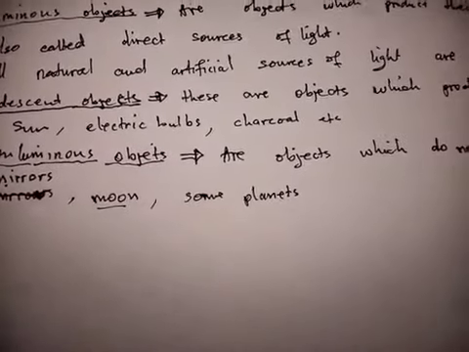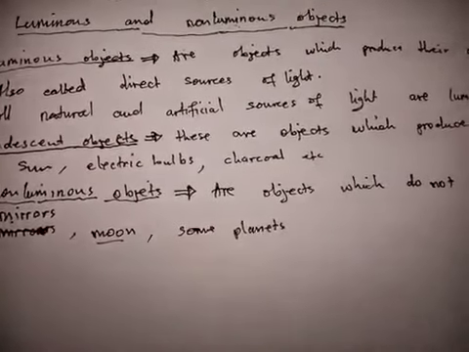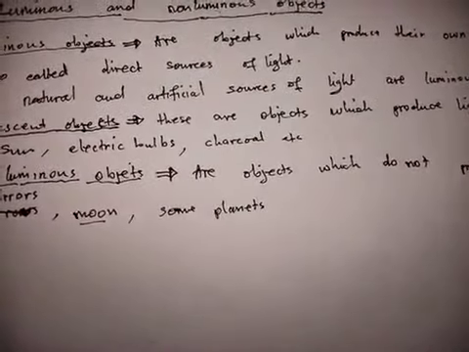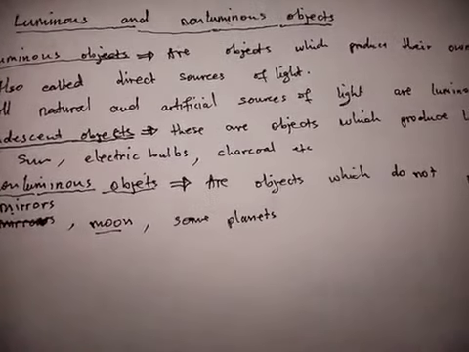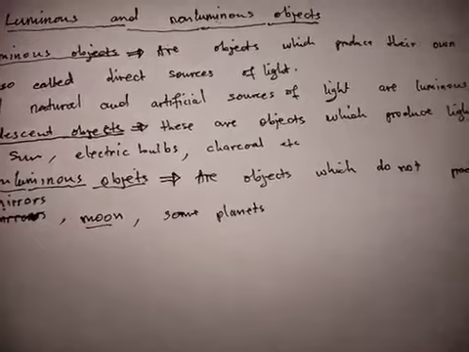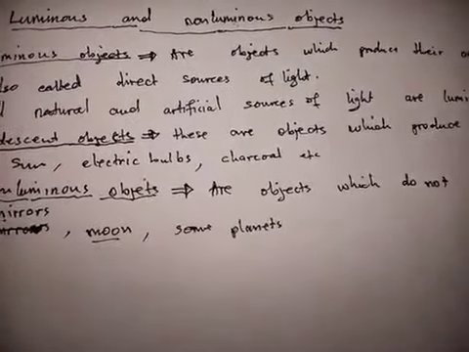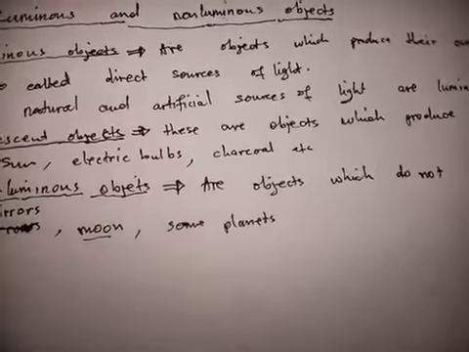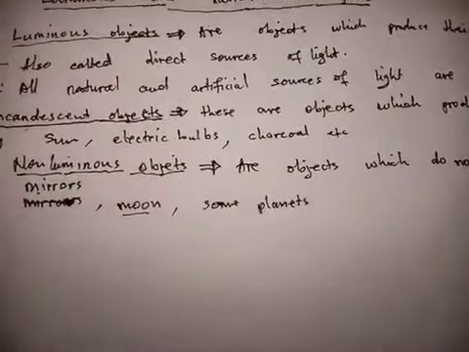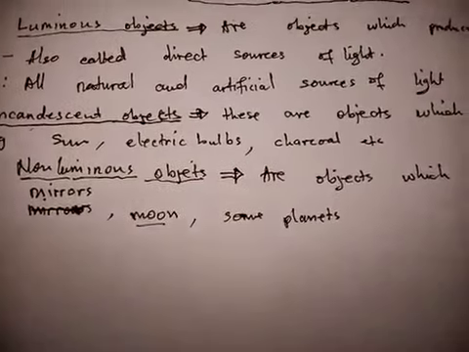There are some polished planets which can also reflect light from other planets or from the sun. Yes, you happen to see light as if it is coming from those planets. So those are also called non-luminous objects.